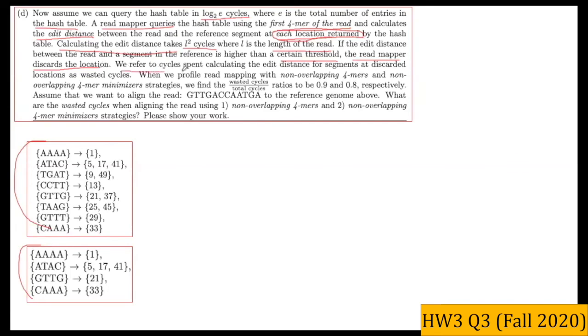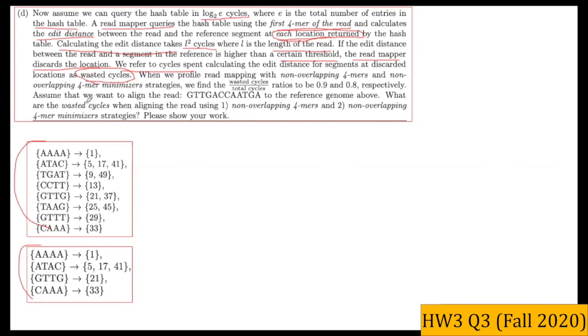Now we refer to the cycles spent in calculating the edit distance for segments at discarded locations as wasted cycles, and the name says it all. So we already wasted some time doing calculation, but then we discover that these 2 sequences are really dissimilar.